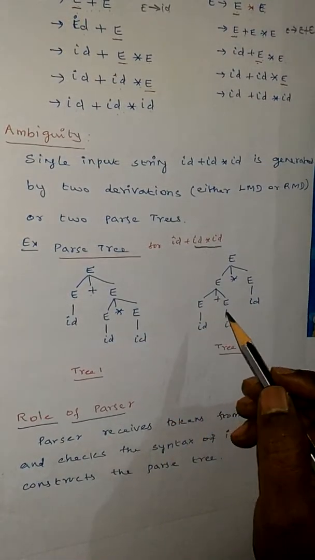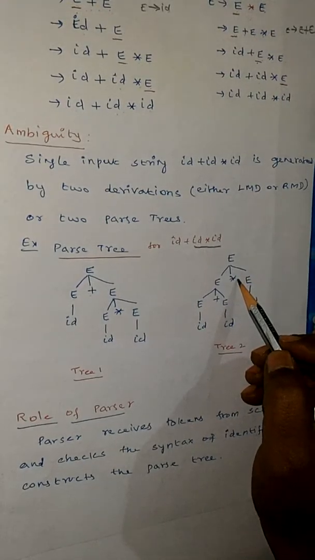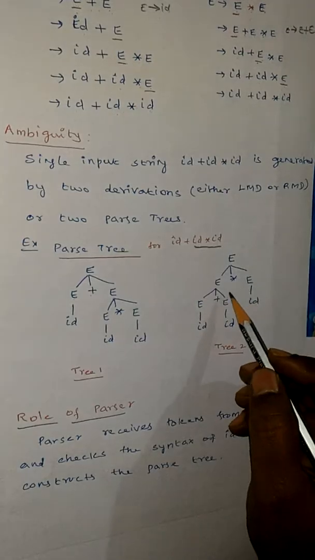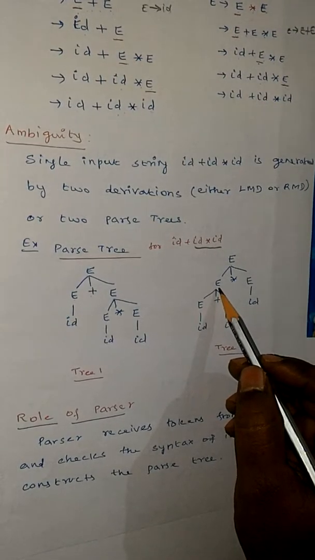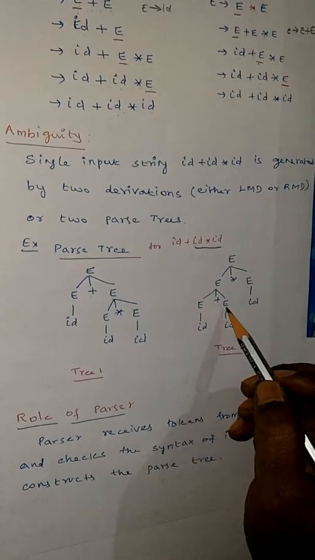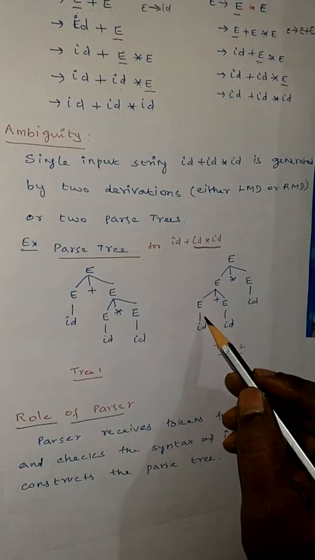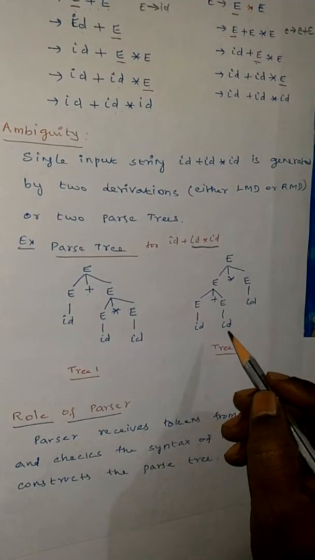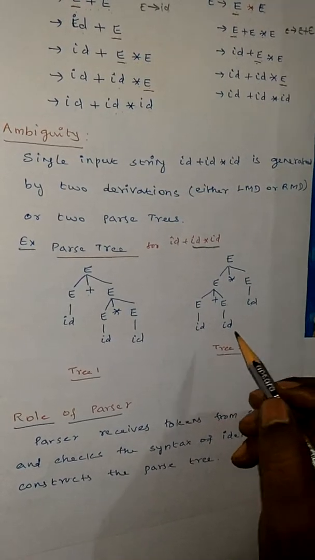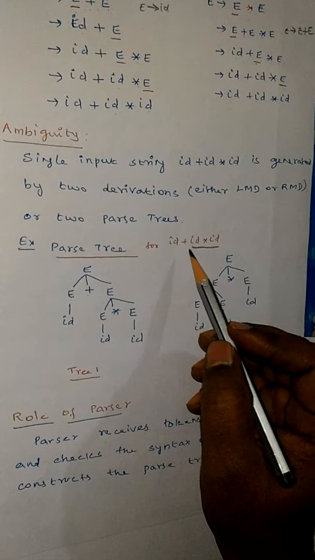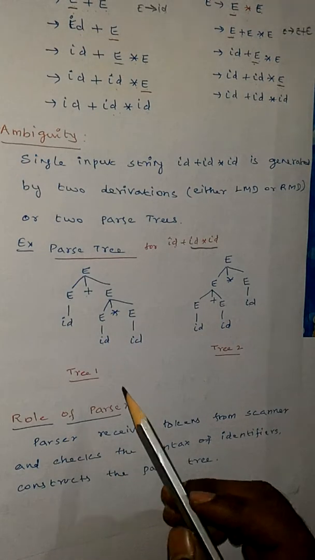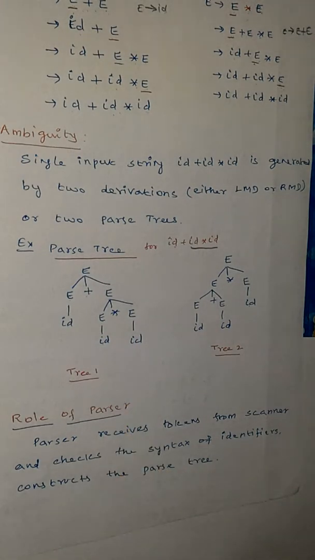Now we will take another production, E derives E star E, then here E derives E plus E. So here we have got ID plus ID star ID, again the same input string with two different parse trees. So this is called ambiguous grammar.